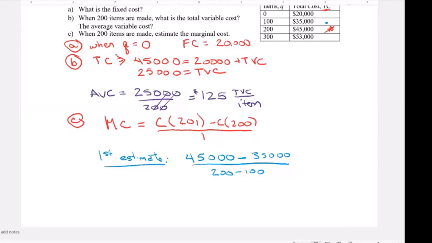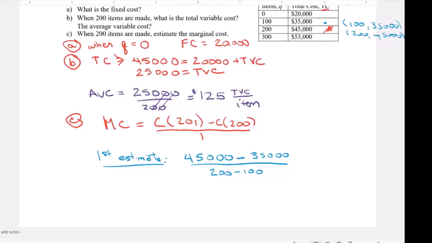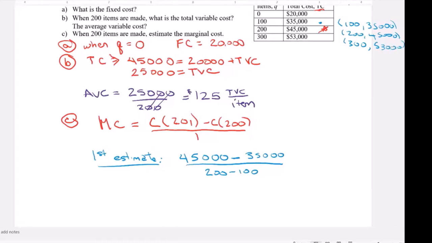Basically, if we call the points (Q, C), we'd have 100, comma 35,000, here we'd have 200, comma 45,000, and here we would have 300, since we're going to use this in a minute, comma $53,000. Oh, it looks like it goes down. Isn't that interesting? It's costing me $10,000 to go from 100 to 200, but adding another 100 doesn't cost me $10,000 more.